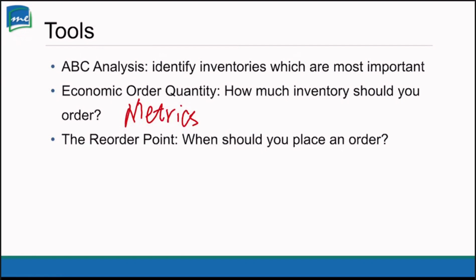So it talks about the quantity. And in the last video of the how dimension, we will discuss the reorder point. This talks about the time, so it helps managers decide when they should place an order.